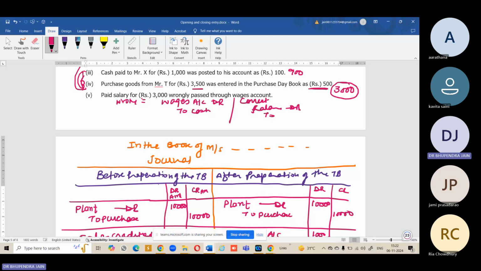Salary account debit to cash. So just cancel the cash against cash because cash is already mentioned on the same side. Write down the correct entry: salary account debit. And the wrong entry, write down on the reverse side. So salary account debit to wages.